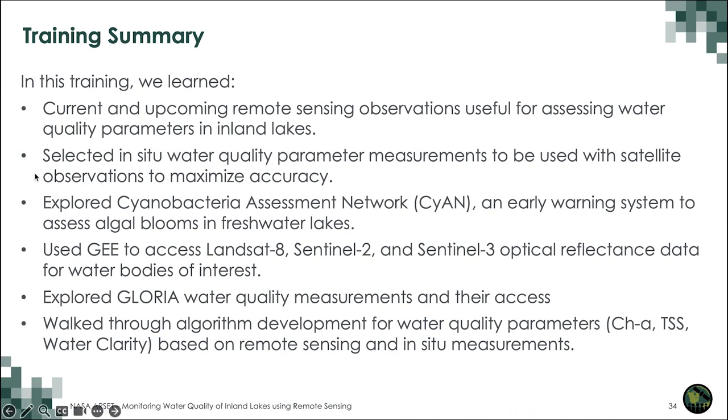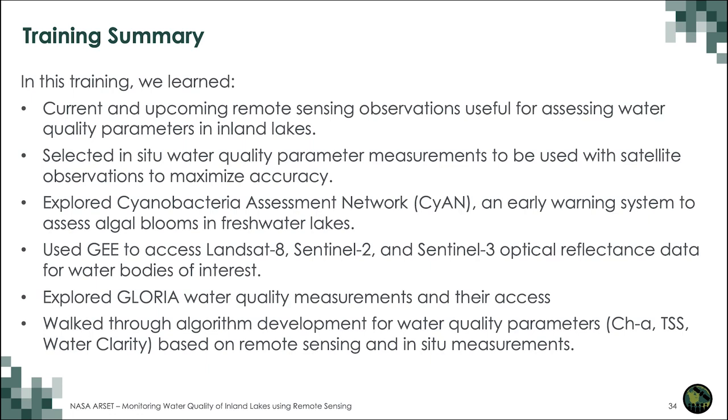We selected in situ water quality parameter measurements to be used with satellite observations to maximize accuracy. Explored the cyanobacteria assessment network, an early warning system to assess algal blooms in freshwater lakes. Used GEE to access Landsat 8, Sentinel-2, and Sentinel-3 optical reflectance data for water bodies of interest. Our case study was focused on Lake Erie, but you can replicate this for any other lake of your interest.